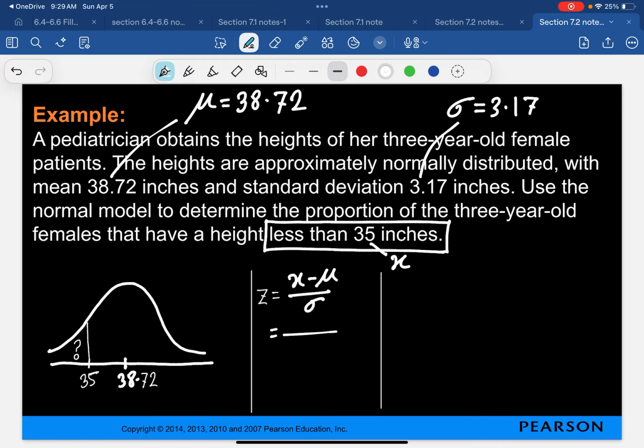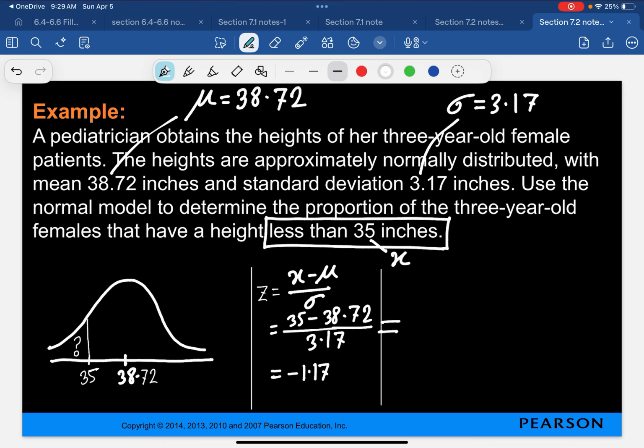So x is 35 minus mu, which is 38.72, over sigma, which is 3.17. So the z value we are getting is negative 1.17, okay?